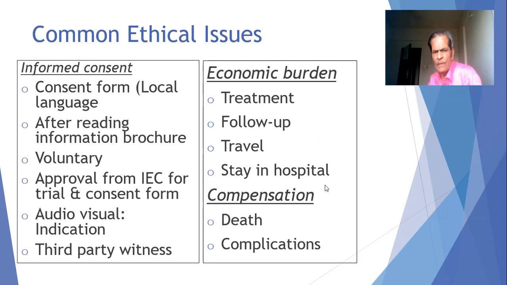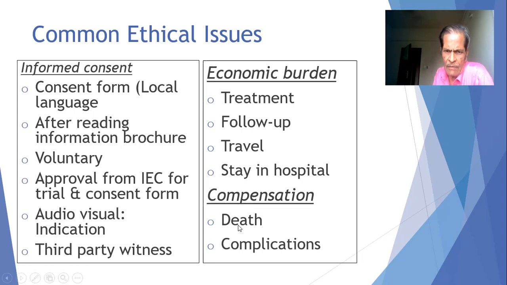Compensation should be mentioned in the information brochure, how much will be the compensation for the death and complication in the event of serious adverse events like death or disability.